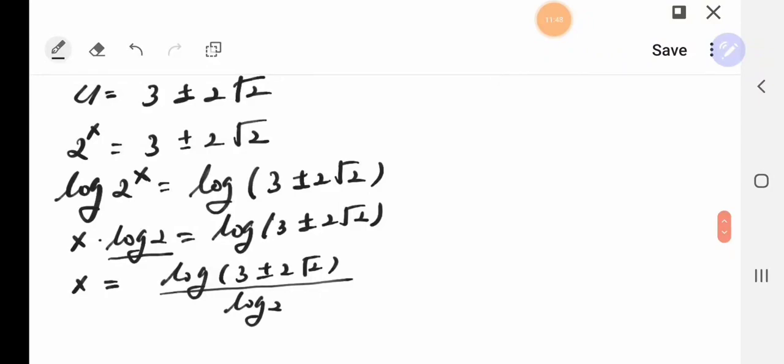Then we can use the calculator. One is 3 plus 2 square root of 2, use the plus so that you can find one answer. And if you use minus, then you can find another answer. Be careful with the logarithm: the argument has to be greater than 0.